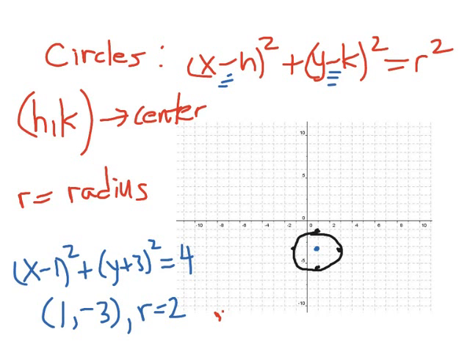Alright, now let's see what the midpoint formula and the distance formula have to do with a circle. I'm going to clear off the can. So I'm going to give you 2 points: (3, 5) and (1, −9).